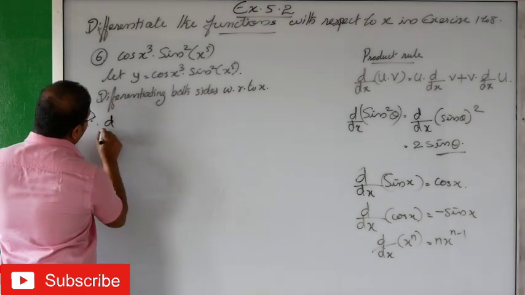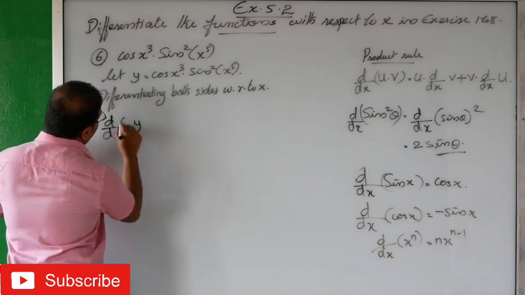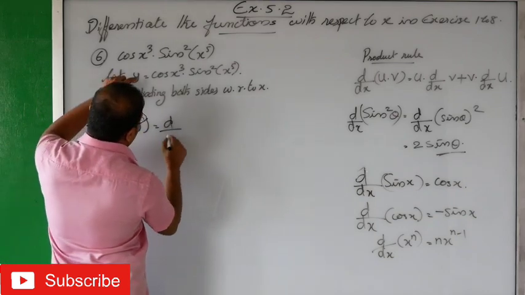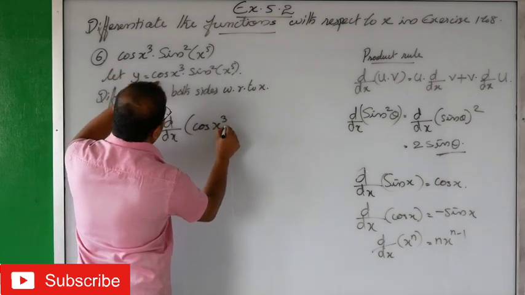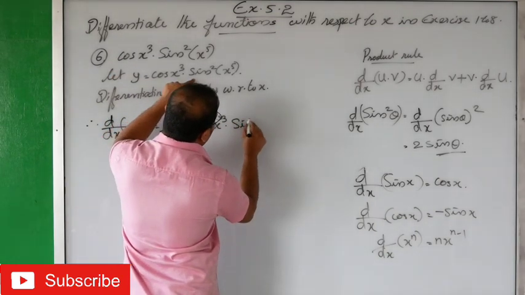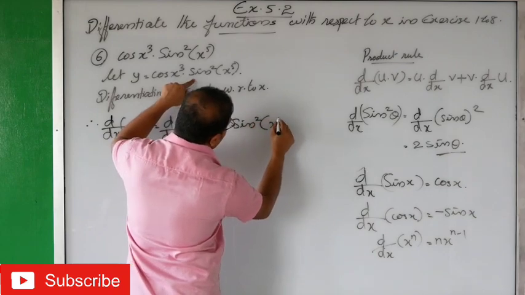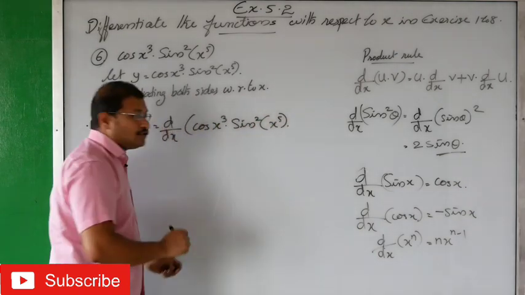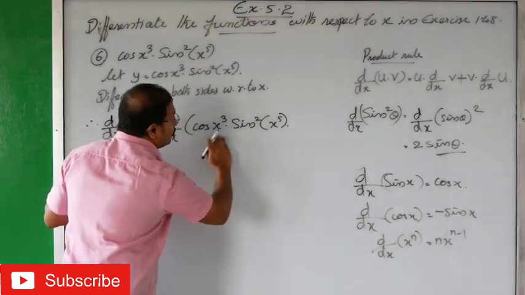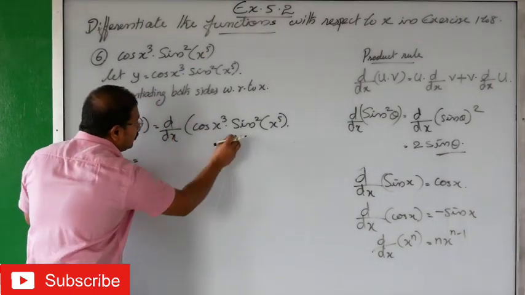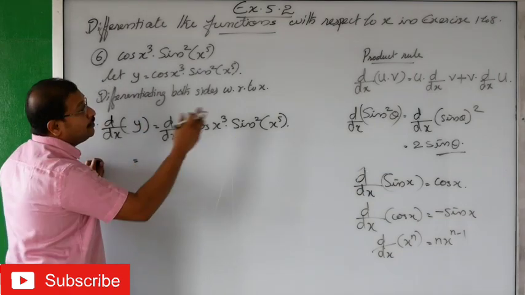Therefore derivative of y equals derivative of cos x cube into sine square into x raised to 5. Ready? This equals, now this is product rule. Product rule means first into derivative of second plus second into derivative of first.